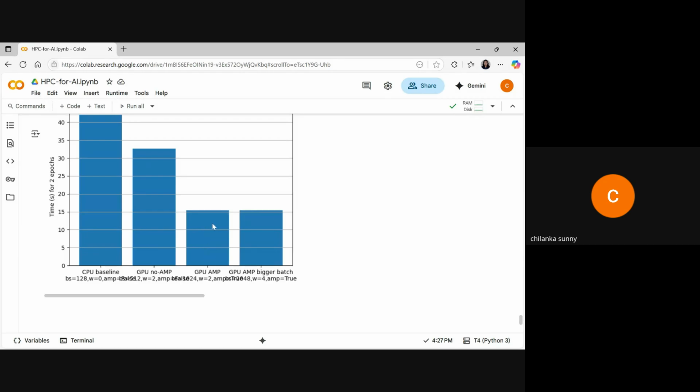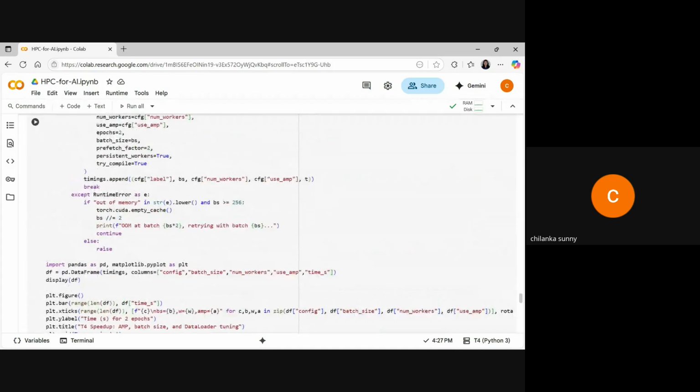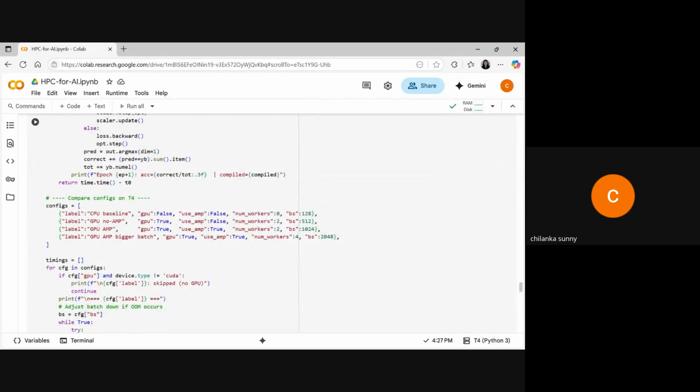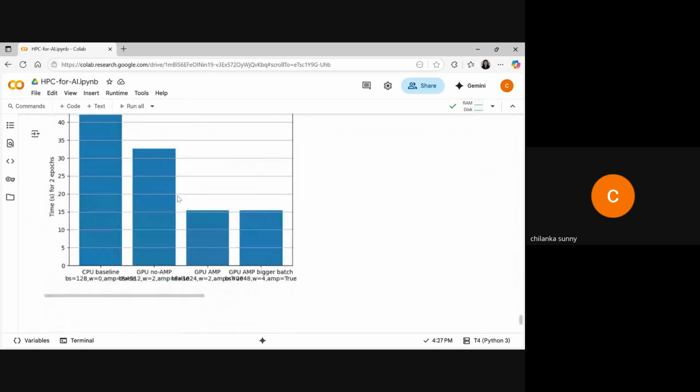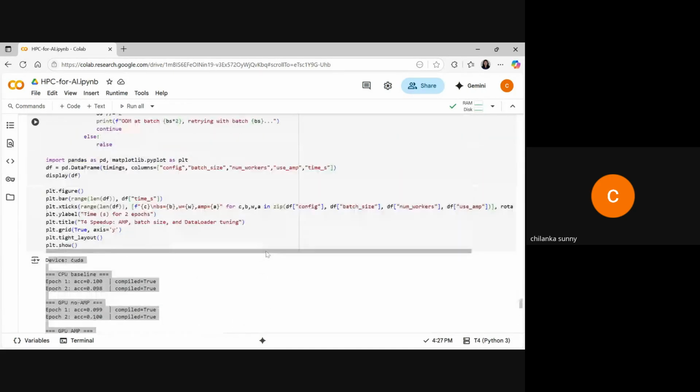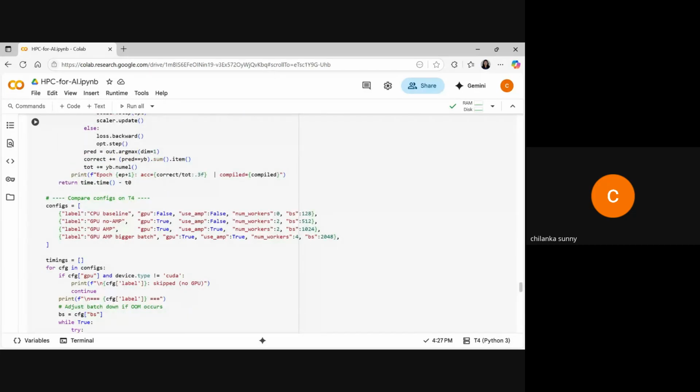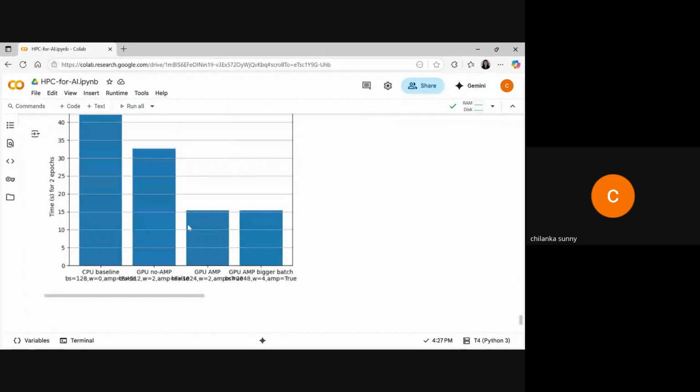Even by increasing the batch size from 512 to 1024, we are getting a 2 times speedup. And for GPU with double the batch size, but with double the number of data load workers, we are able to achieve the same runtime.